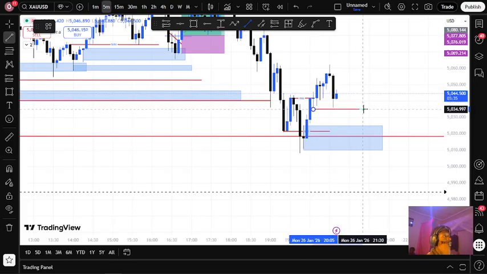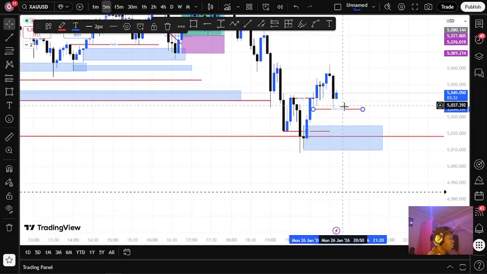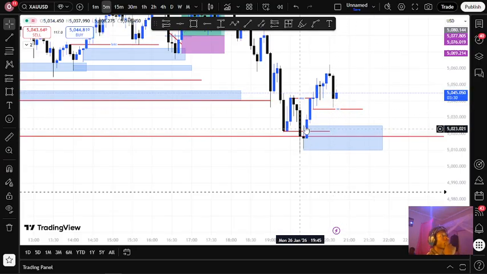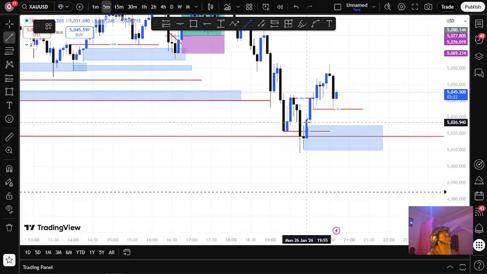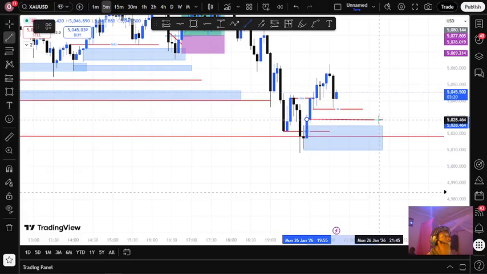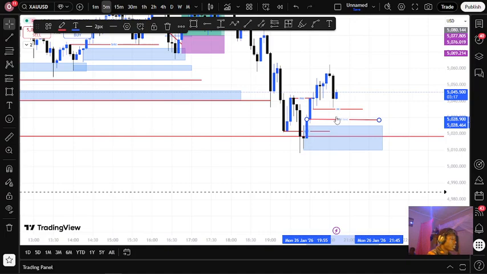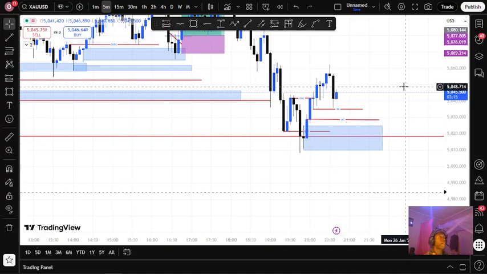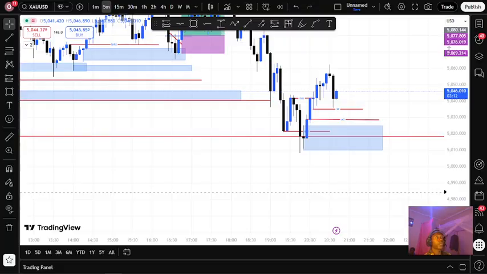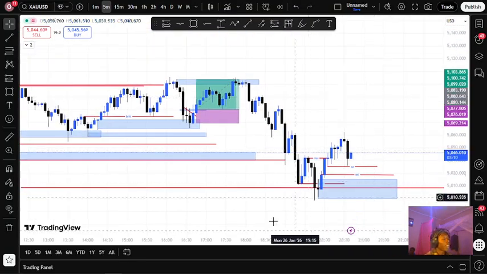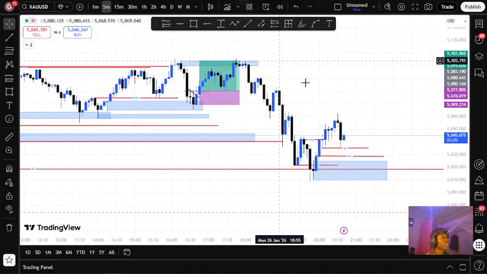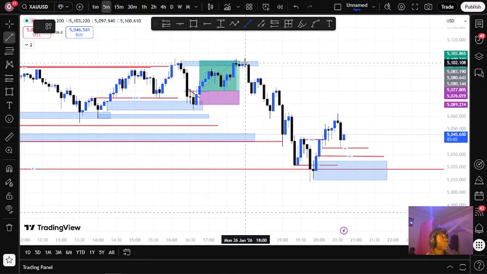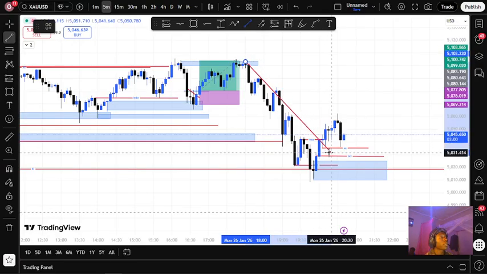Also, this one is an OCL, open close candle, at this point here. To add up, I can also see there's a trend line, a trend line breakout.